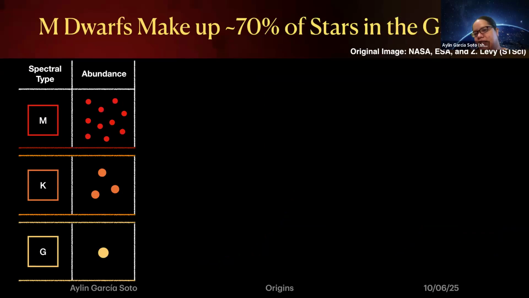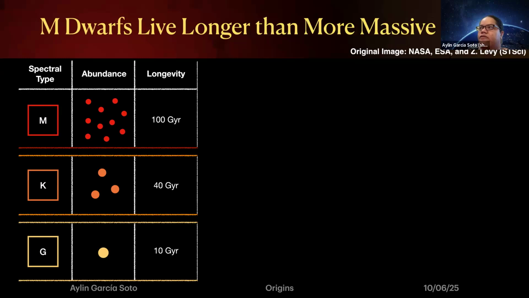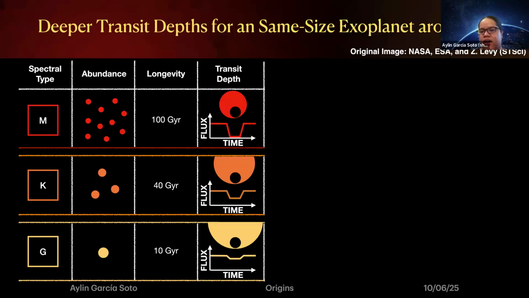They're more abundant than the others and they live longer. And if you were to look at transits, when an exoplanet passes in front of a star, then you get a much bigger effect on your light curve.